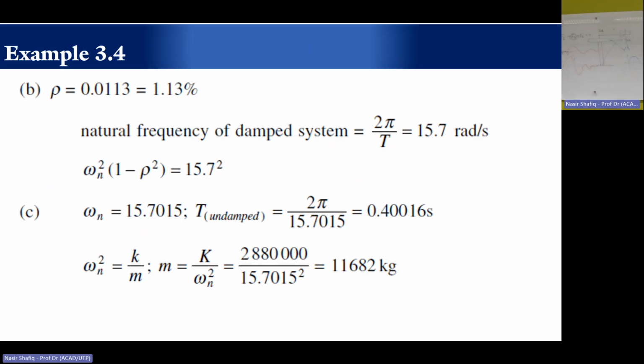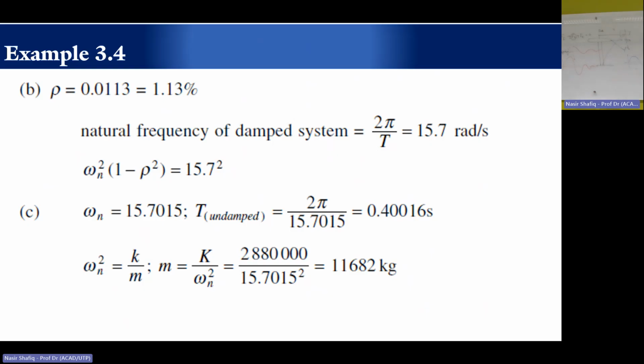Natural frequency is 2 pi upon T, which means 15.7 radian per second, since T is 0.4.